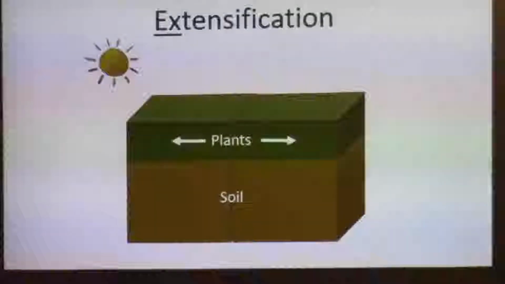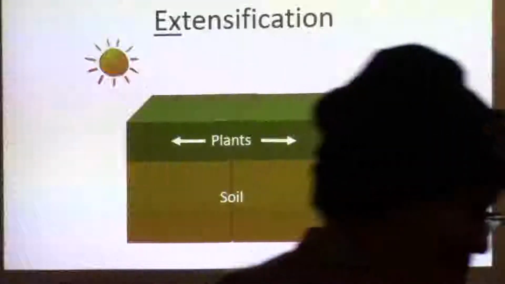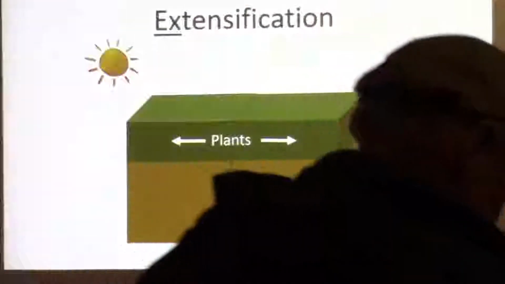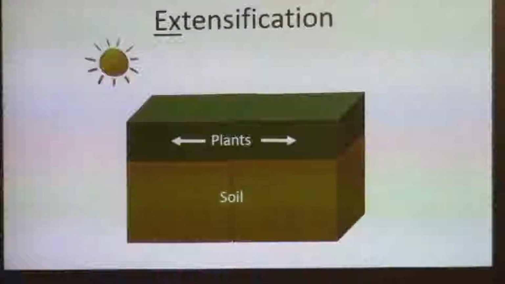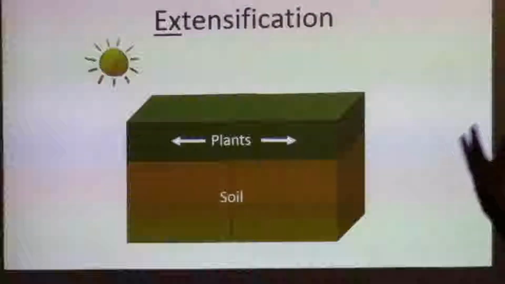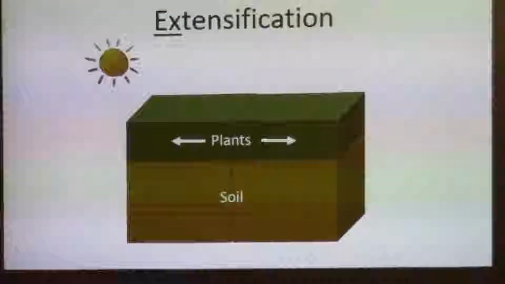And we're going to talk about both of these strategies, though we're going to focus on the intensification strategy. And in most parts of the world, that's really where a lot of the research is centered, is on this intensification strategy. And that is because most of the available agricultural land is already being farmed, right? So there's not a lot of new land that we could utilize. So that's why a lot of the work is on intensification.